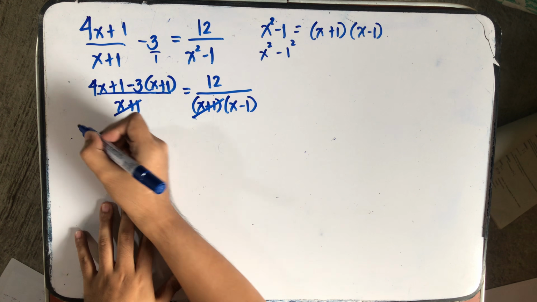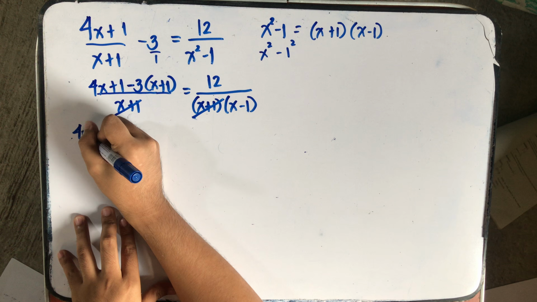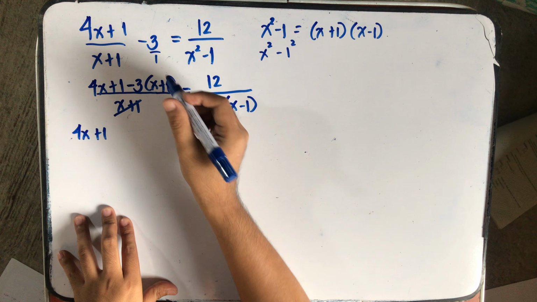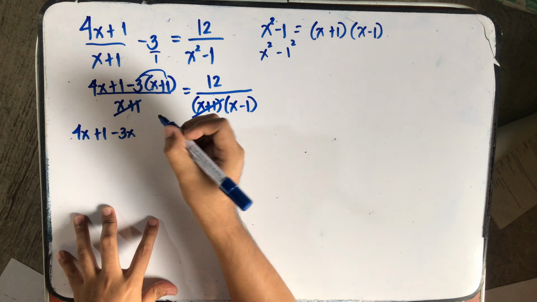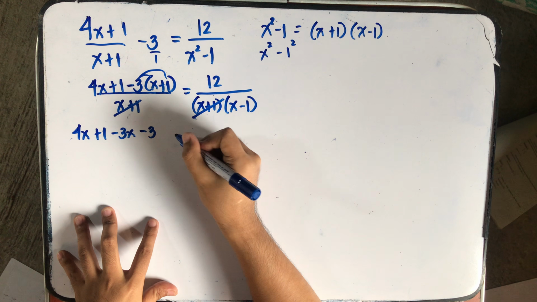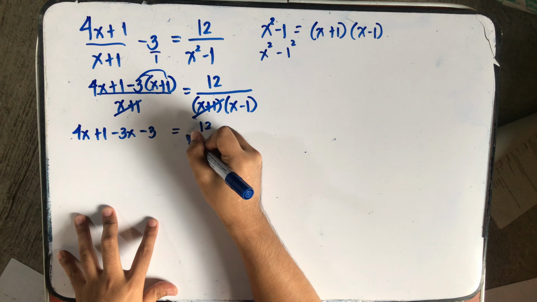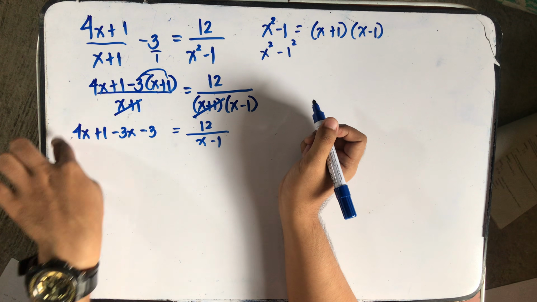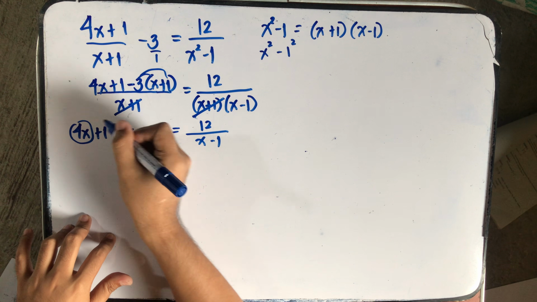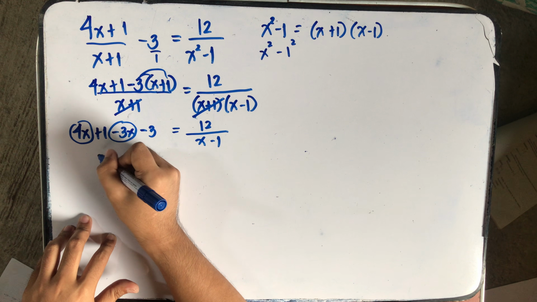So simplifying, we'll now be having 4x + 1, distribute negative 3, that is minus 3x minus 3, now equal to 12 over (x - 1). Let us simplify this term. If this is 4x, this is negative 3x, so that is x.